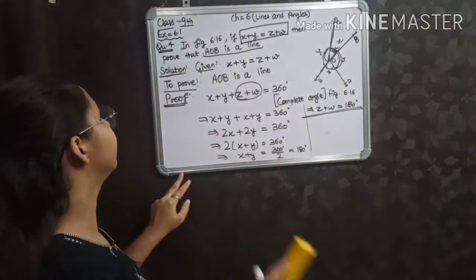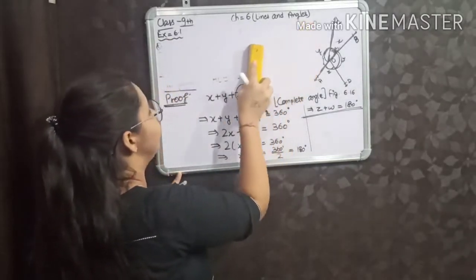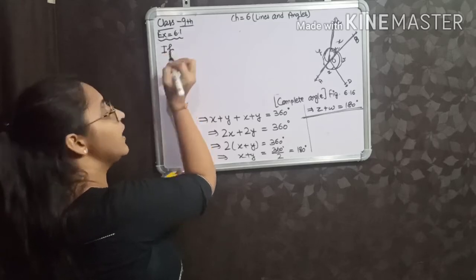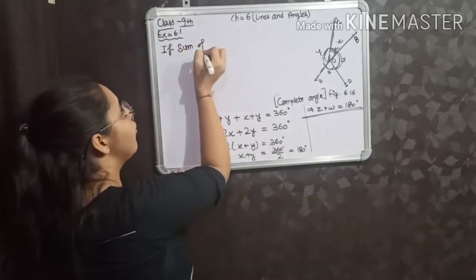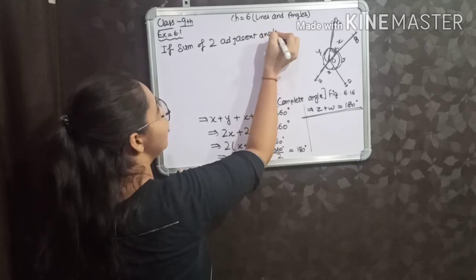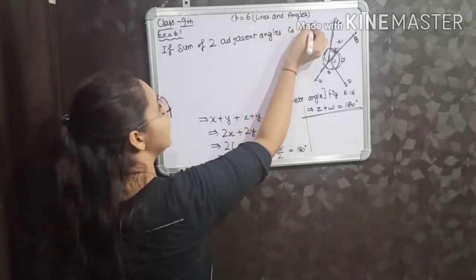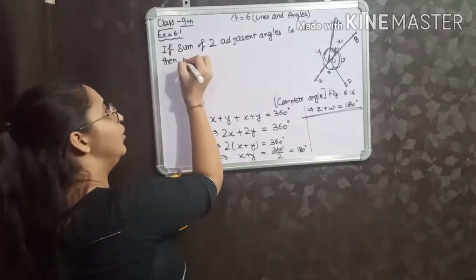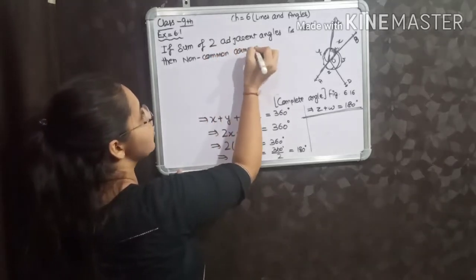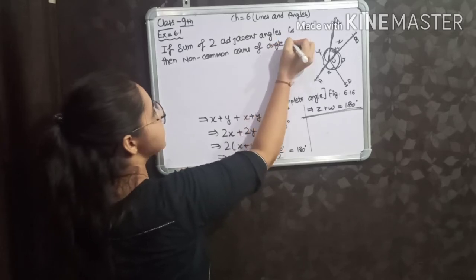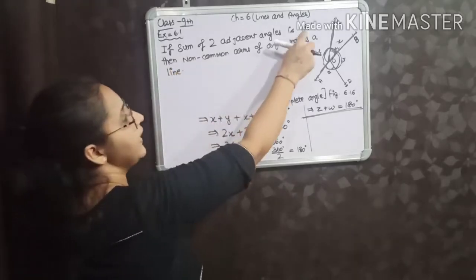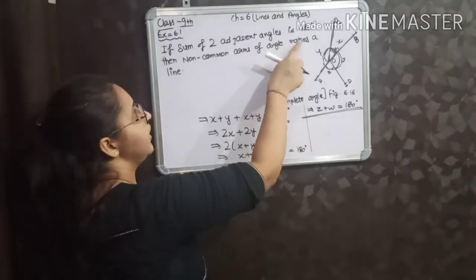Now we can say that this is our axiom: if the sum of two adjacent angles is 180 degrees, then the non-common arms of the angles make a line.